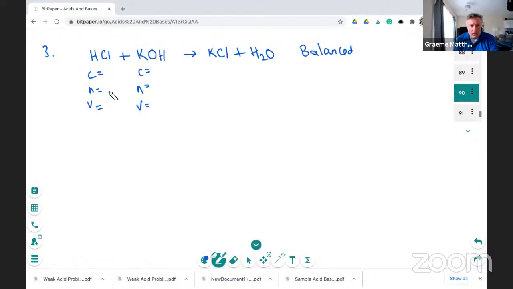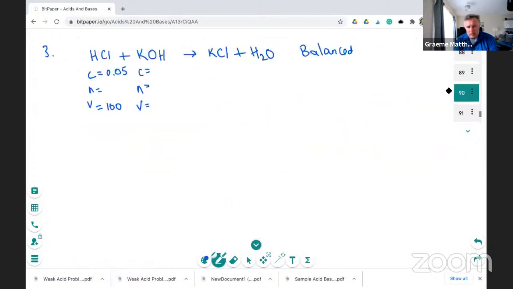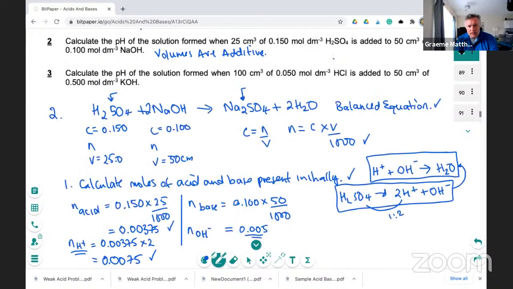And 50 cubic centimeters of 0.5 KOH. Again, not wearing glasses this week, chemist. Was that 0.5? I think I did. Yeah, 50, 0.5, 100 and 0.05.